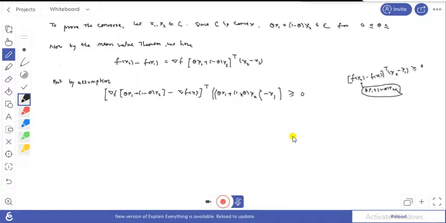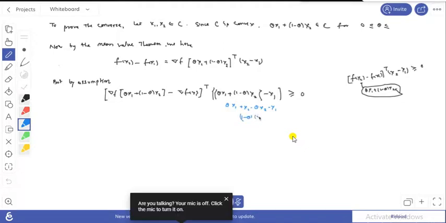Okay, so now if we try to solve this value, this is theta x1 plus x2 minus theta x2 minus x1. So here if we take x2 common, this becomes 1 minus theta x2, and here 1 minus theta is x1, so this becomes 1 minus theta times x2 minus x1.